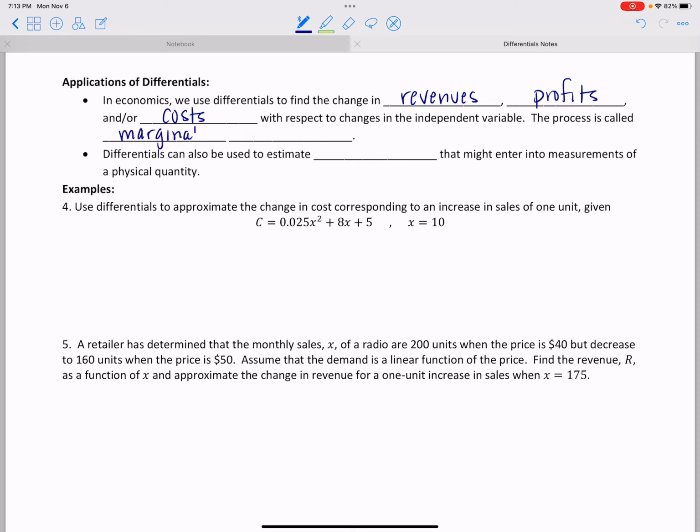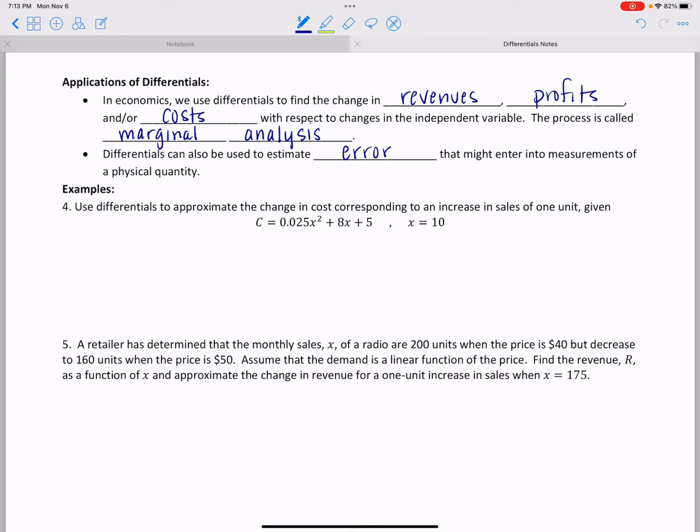It still goes with derivatives and the things we've been doing before with revenues, profits, and costs, finding their derivatives. It's just now separating the components, okay? So again, this is called marginal analysis. And actually, differentials are useful for estimating error or possible error when that might enter when measuring physical quantities.